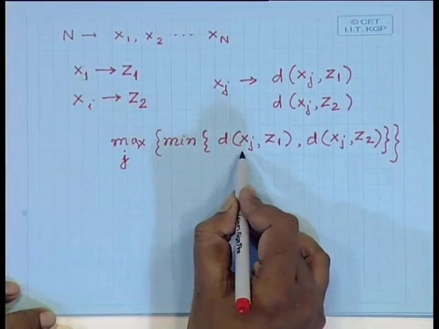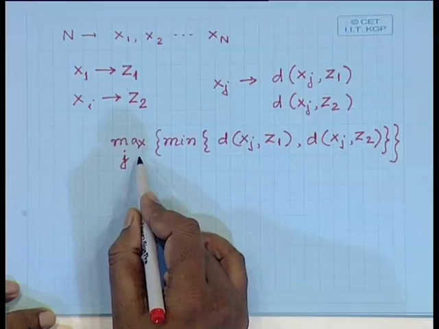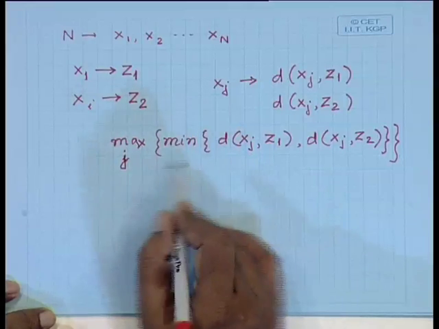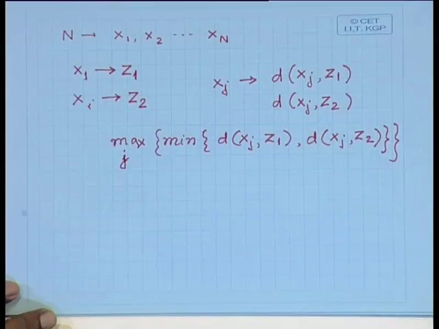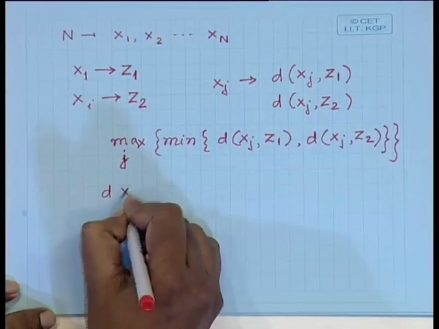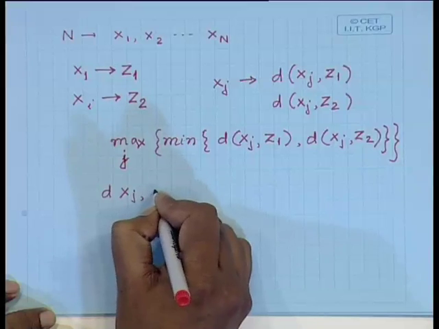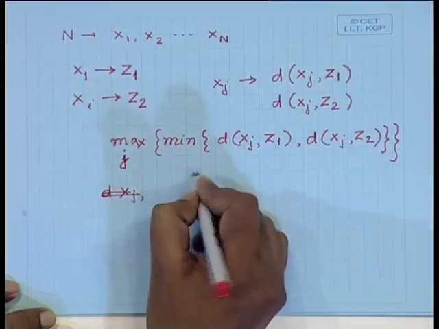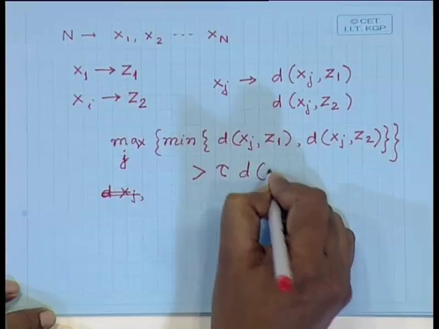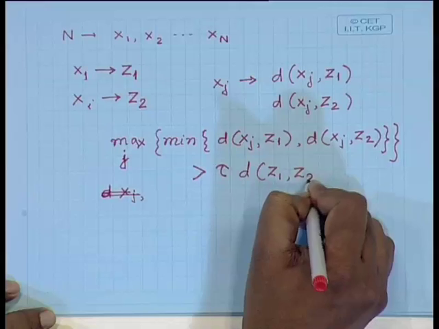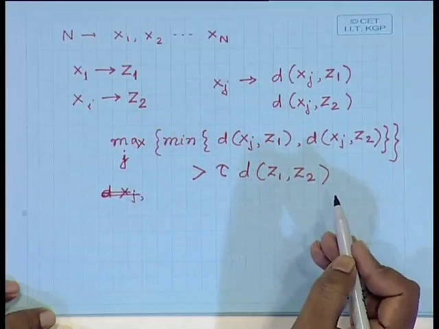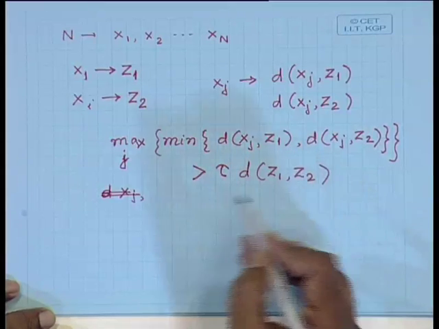Whichever x j gives this maximum value, if that distance is greater than an appreciable fraction of the distance between z 1 and z 2, that is, if this distance is greater than some fraction tau times the distance between z 1 and z 2, then the corresponding x j I assume to be the third cluster center. And this process continues.